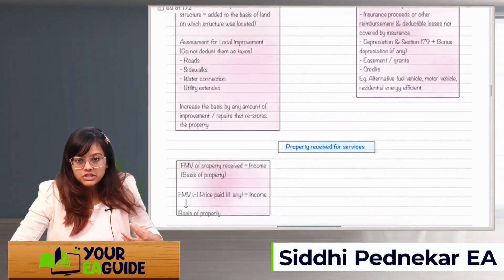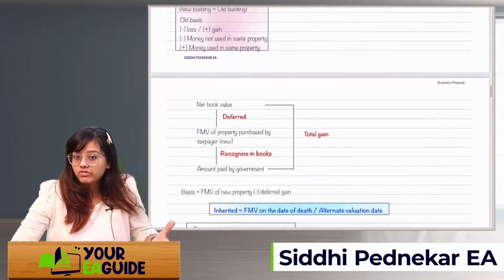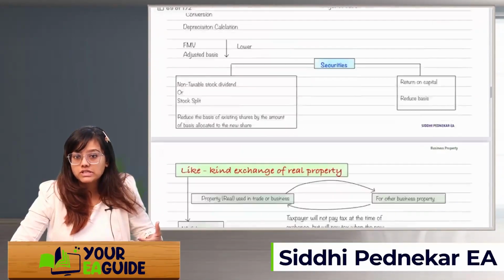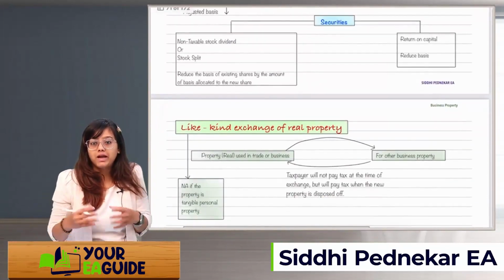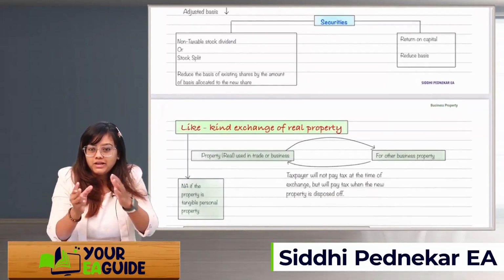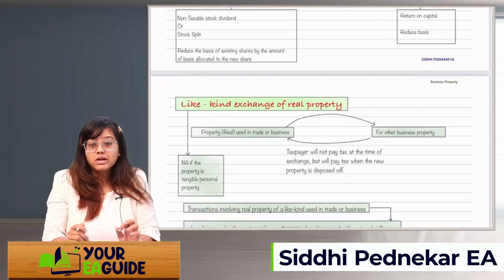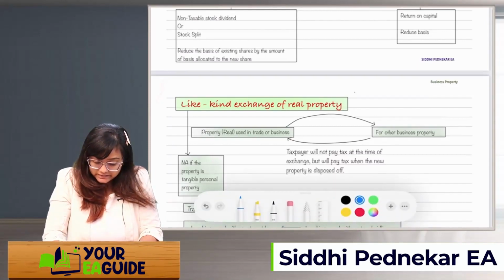Then we have adjusted basis, property received for services, bargain purchase, involuntary conversions. This is important actually, involuntary conversions. Then we have like kind exchange, my most favorite topic, plus the examiner's favorite topic in the exam, because most of the questions will be based on this topic, that is like kind exchange.